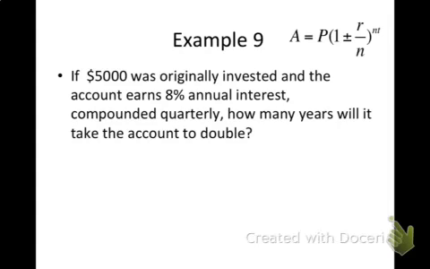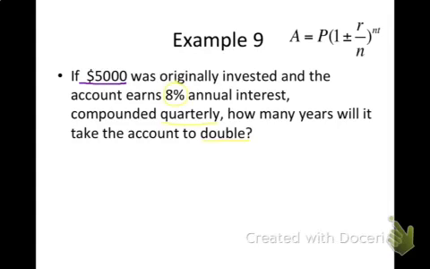If $5,000 was originally invested and the account earns 8% annual interest compounded quarterly, how many years will it take for the account to double? Okay, so the first thing that we want to do, keep in mind where we're trying to go with this. We want to know how long it's going to take for this $5,000 to double.